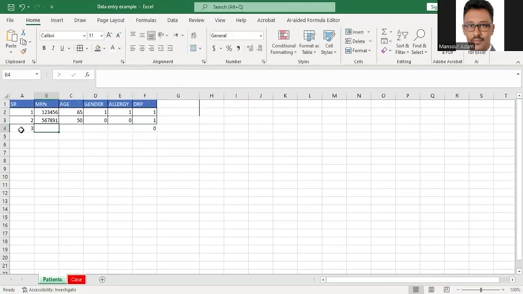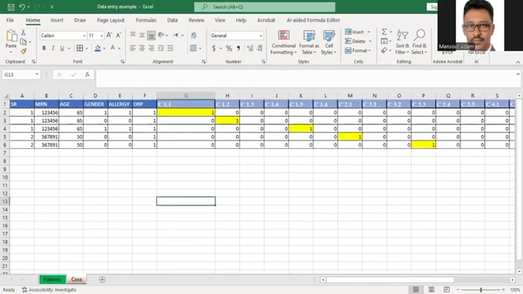So this is the patient medical record number. The patient is 40 years old. The patient is female. She has no allergy and she has no drug-related problem. So here in the cases sheet, I will not have patient number three because this patient has no problem.